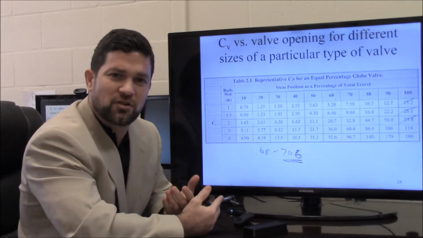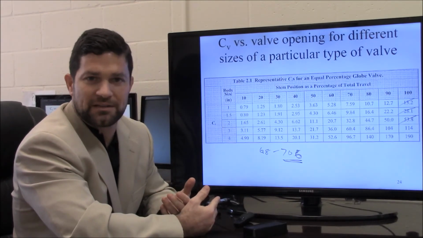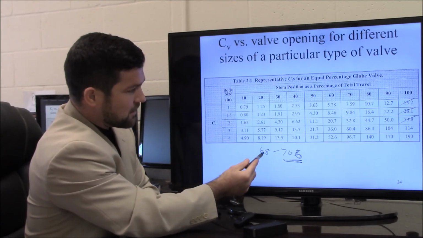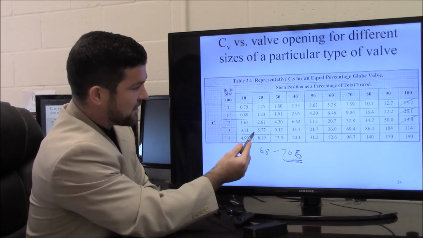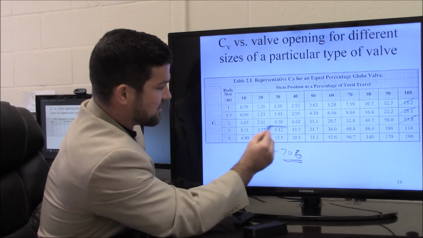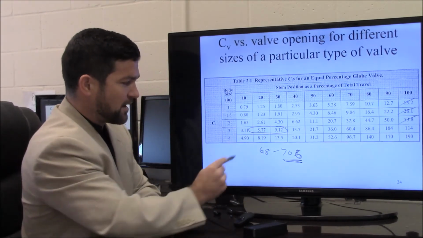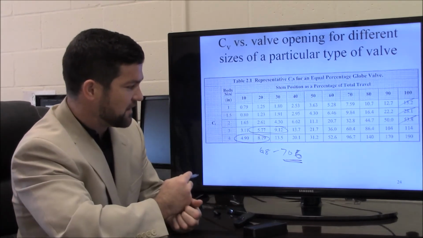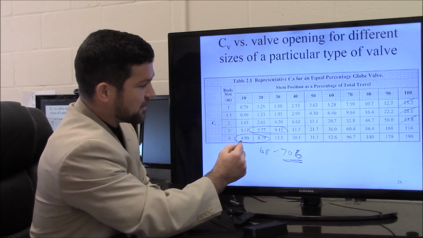We want to make sure our valve is open at least 15%. If I look here, what we can see is that for a 3-inch valve, 6.8 is going to be somewhere between these two. And for a 4-inch valve, the CV is going to be somewhere probably a little bit closer to 10.